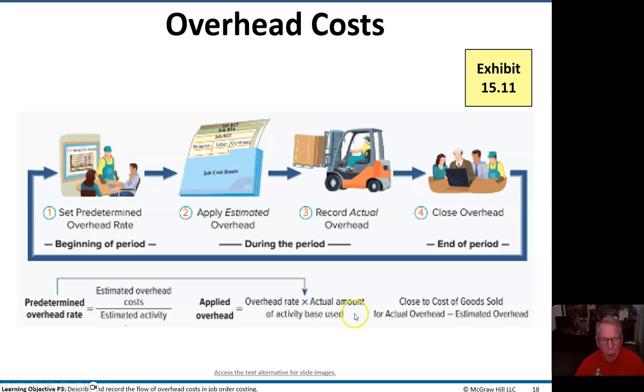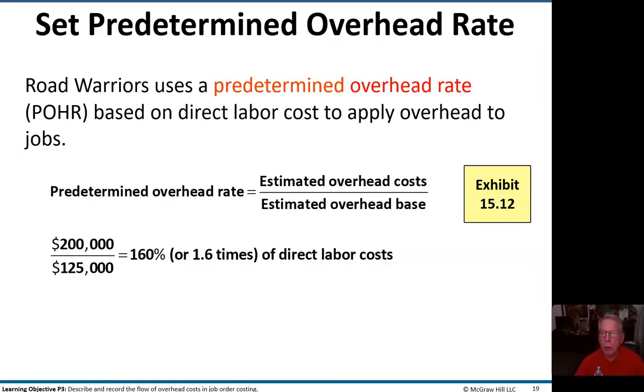So if it's labor hours, we'll multiply those labor hours times, or dollars times, our overhead rate, and that will give an estimated overhead. And then during the period, we will record our actual overhead and compare it to the estimated overhead and close that overhead account. So this is a little complicated, so let's go through it.